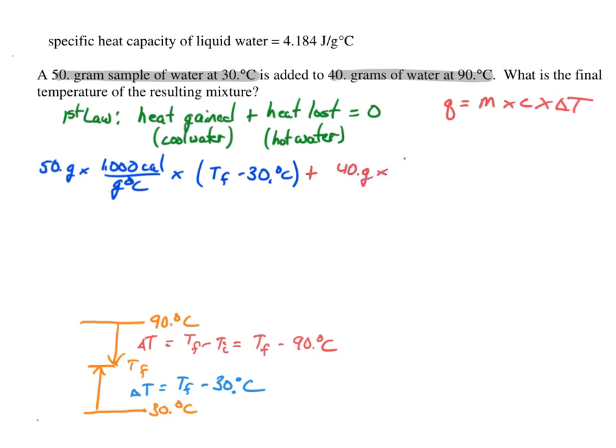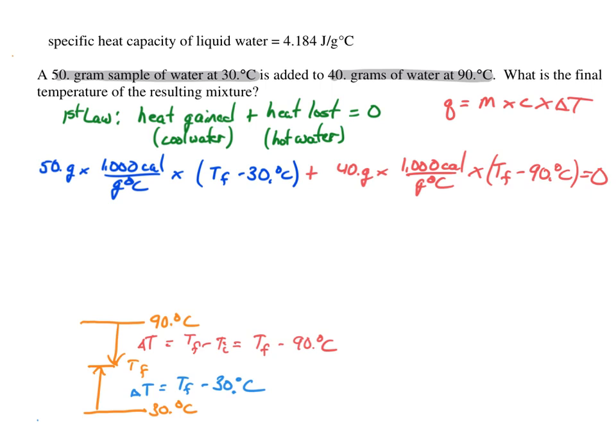We'll use the same heat capacity because we're still talking about water. And our delta T is TF minus 90 degrees C. And this all sums to 0.